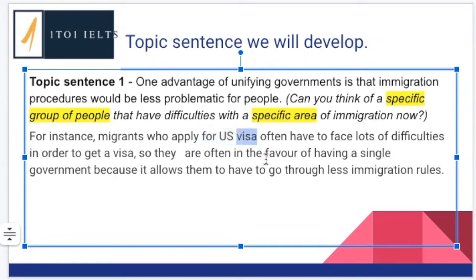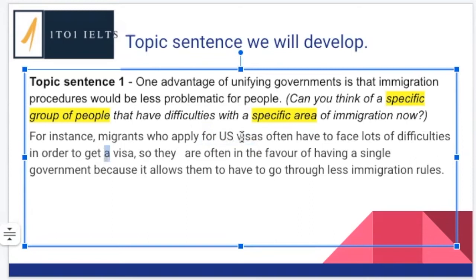So if I'm talking about visas in general in English, when we're talking about something in general, we have to make the noun plural. Excellent, Mary. So migrants who apply for US visas often have to face lots of difficulties in order to get a visa. Okay.